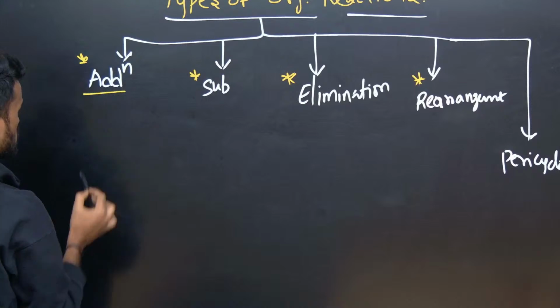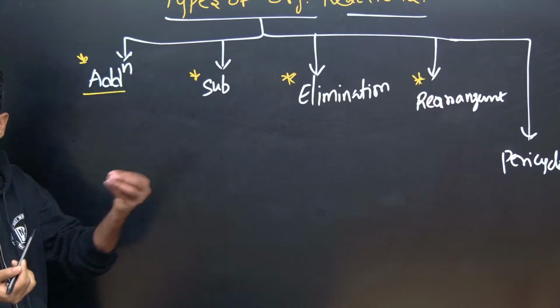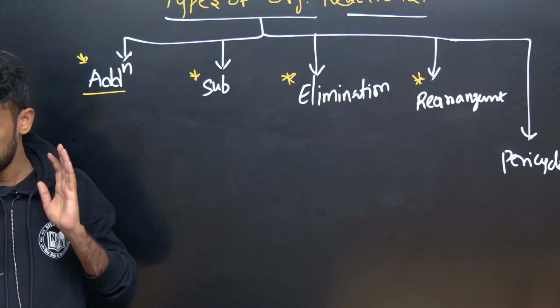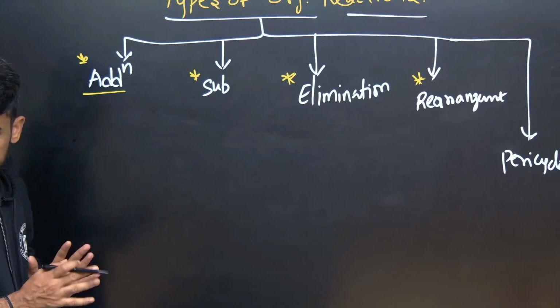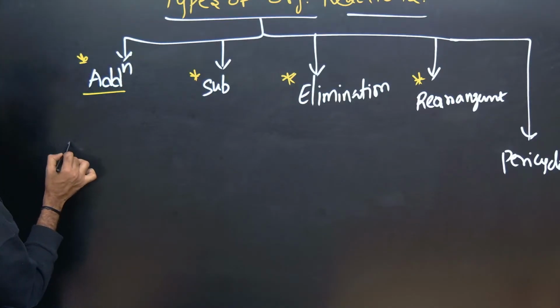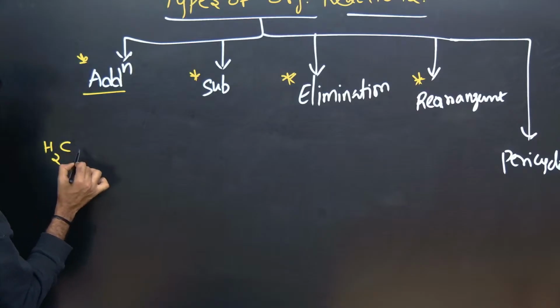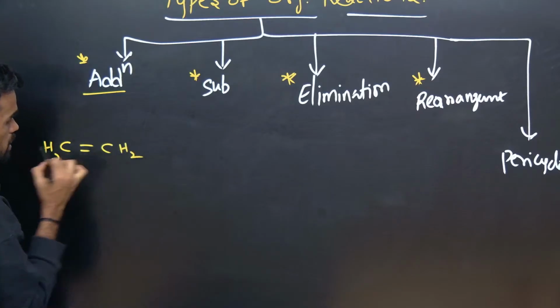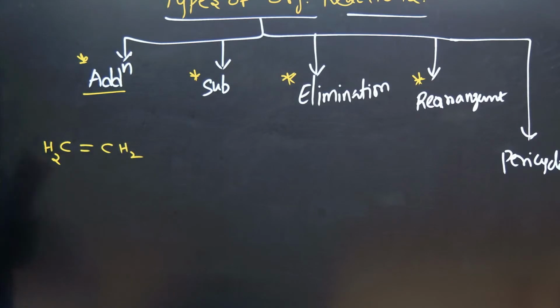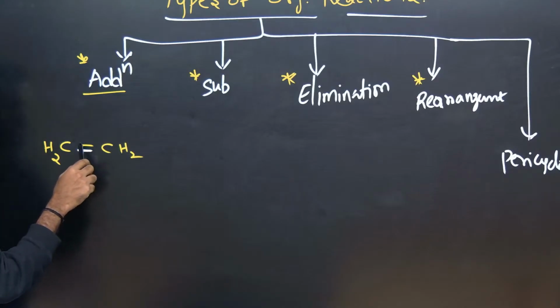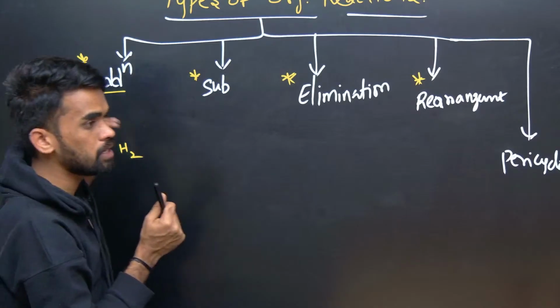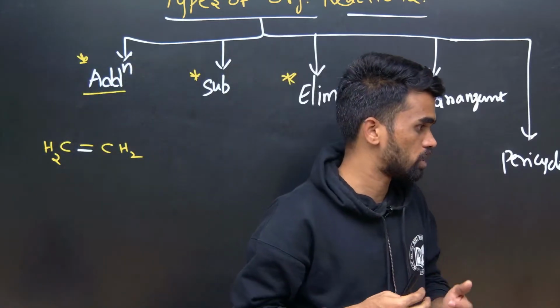Now let us understand what exactly addition reactions are. In addition reactions, to the substrate we add some group of atoms. For example, you can observe here, this unsaturated compound. Tell me whether it is saturated or unsaturated. Unsaturated: if at least one pi bond is present in the given hydrocarbon, we can consider it unsaturated.